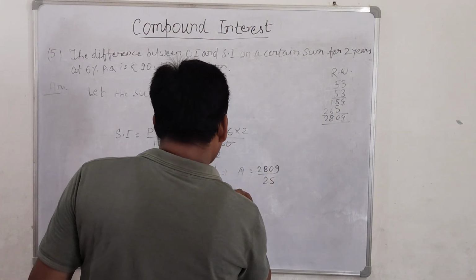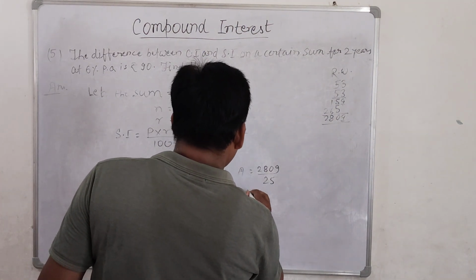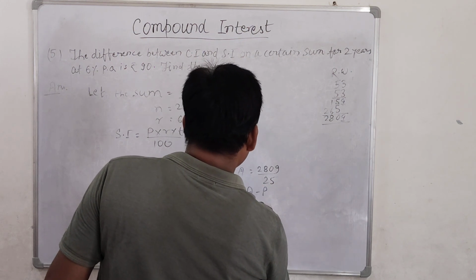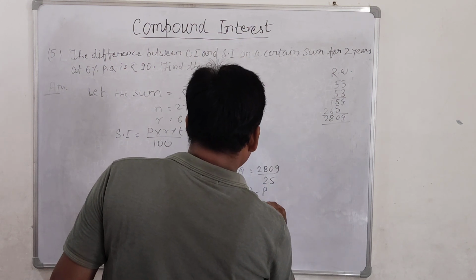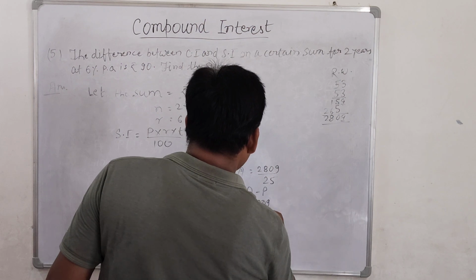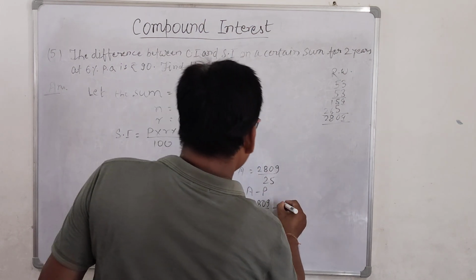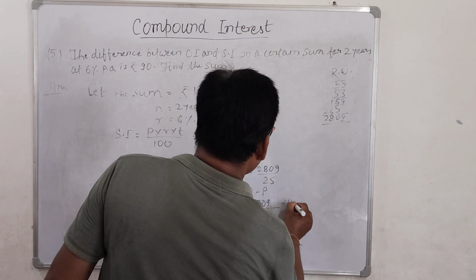Now we will have to find the CI. CI is equal to amount minus principal. Here amount is rupees 2809 upon 25 minus the principal, which is rupees 100.